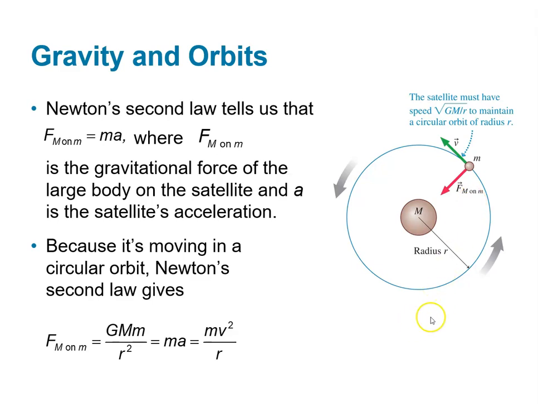That's the gravitational force. We also know that that must be a centripetal force, because it's causing it to go in a circular motion. So that's equal to mv squared over r. This is the equation for universal gravitation. This is the equation for centripetal force.